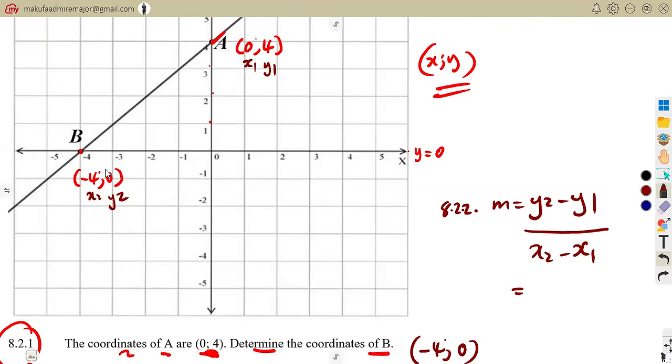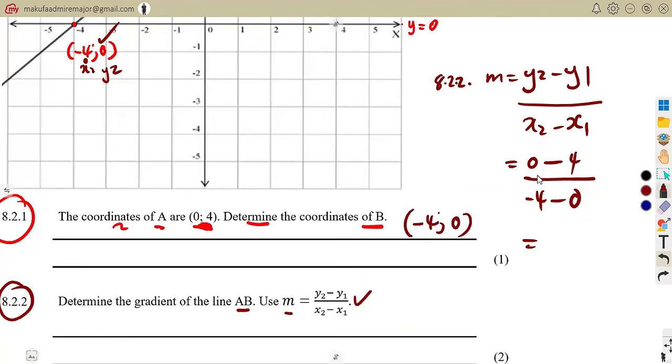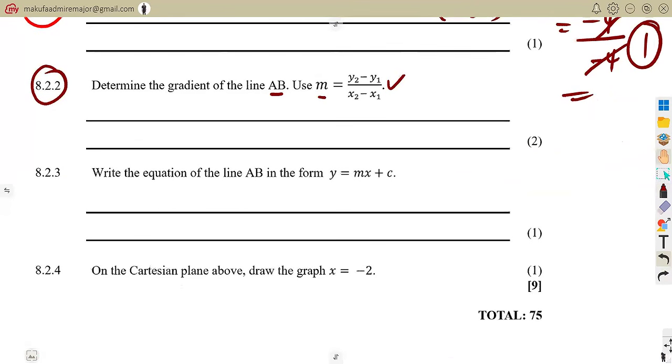According to my points, y2 is 0 there, minus y1, which is 4, over x2, according to my points, x2 is minus 4, minus x1, which is 0. So that was going to give us a positive 1. That's 0 minus 4, which is minus 4, over minus 4 minus 0 to obtain what? A positive 1.